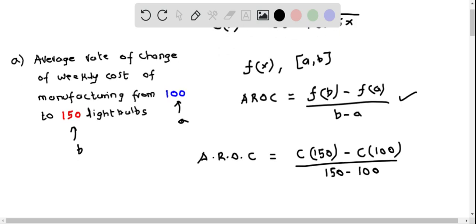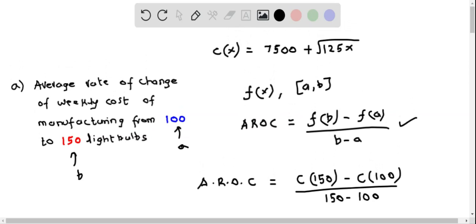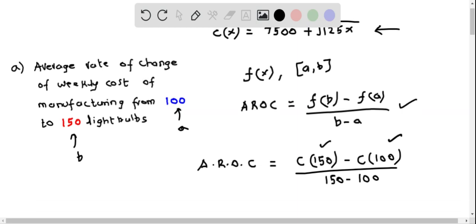So we now determine this equation. I'm going to replace x by 150 to determine C of 150, as well as replace x by 100 to determine C of 100. So let's do that.